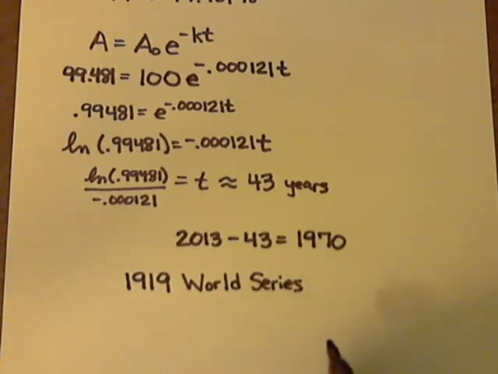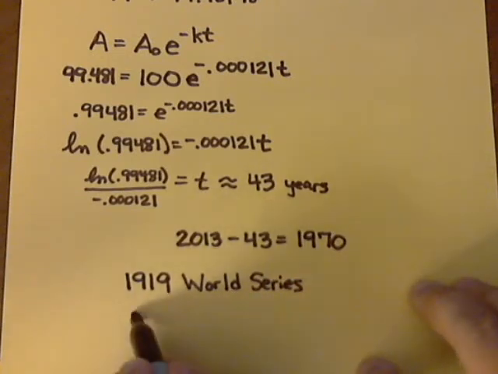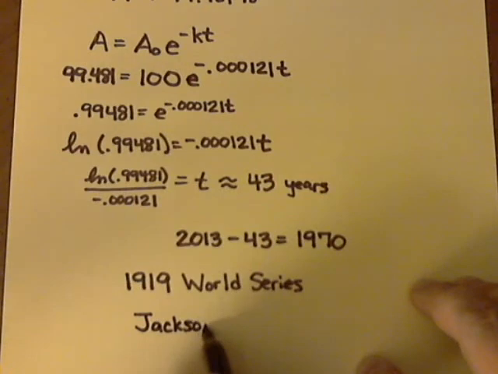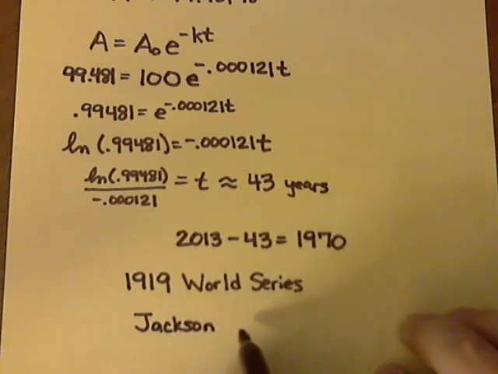But what about the claim that it was signed by Shoeless Joe Jackson? Well, I think we can probably also consider that claim to be fake, because Shoeless Joe Jackson died in 1950.